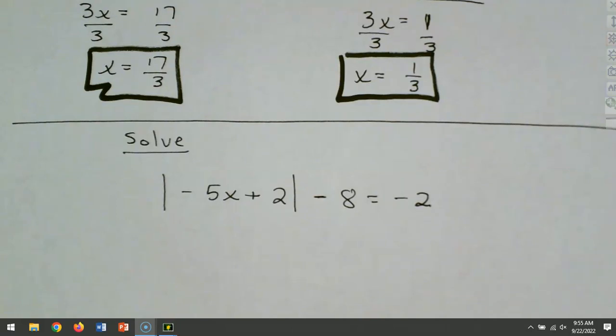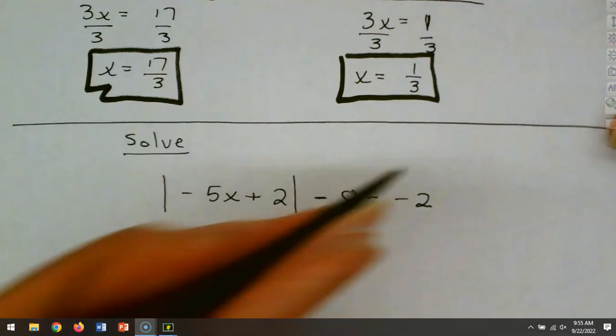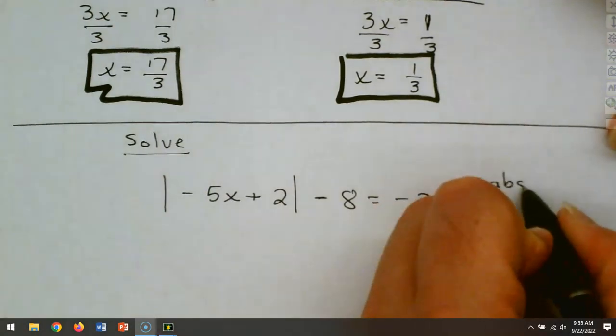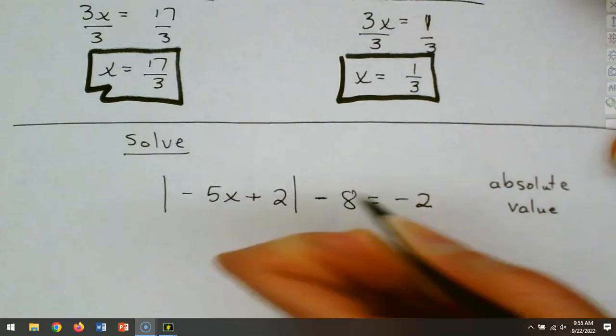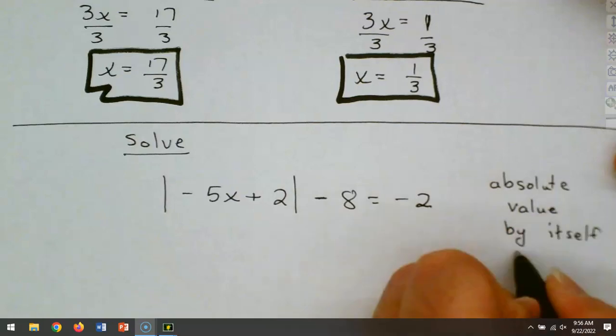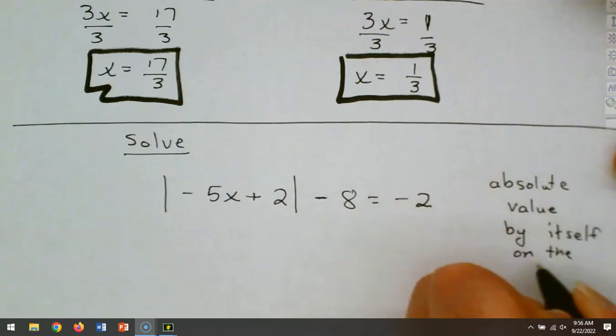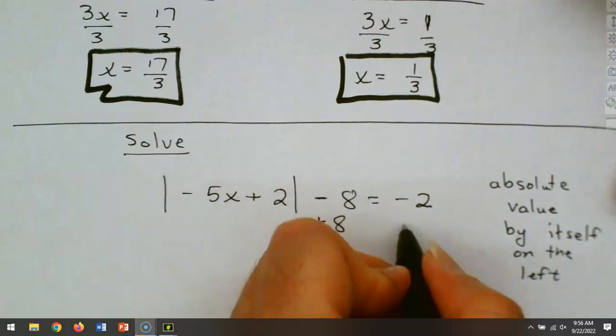So before you get your two equations, you have to get the absolute value by itself. So this needs to be by itself on the left. The absolute values must be by themselves on the left. So what I'm going to do is add my 8.